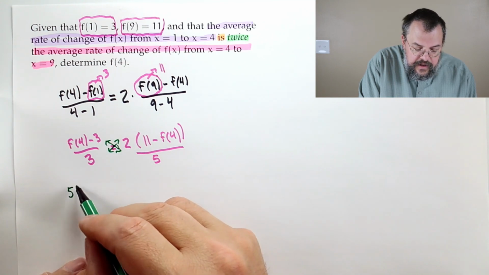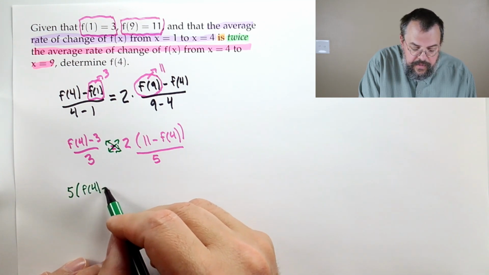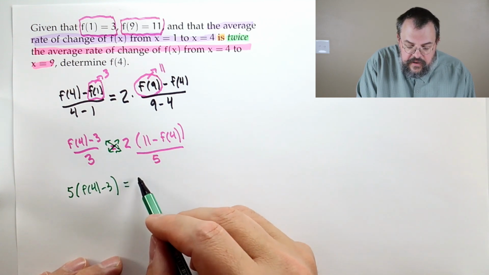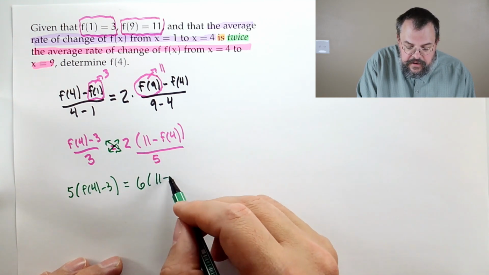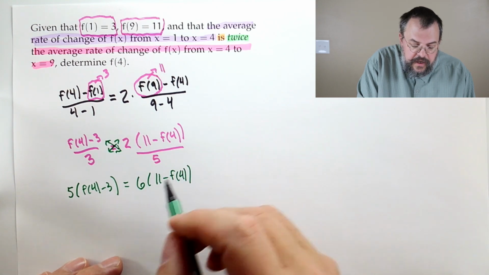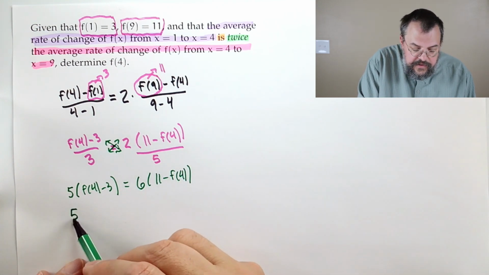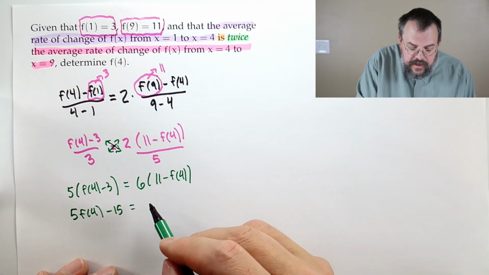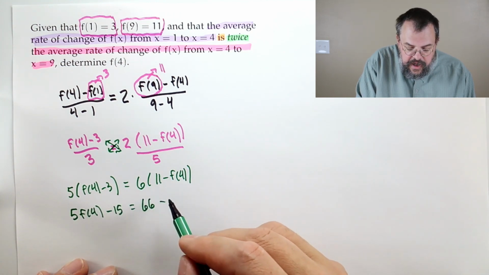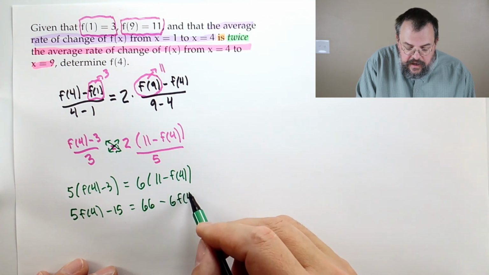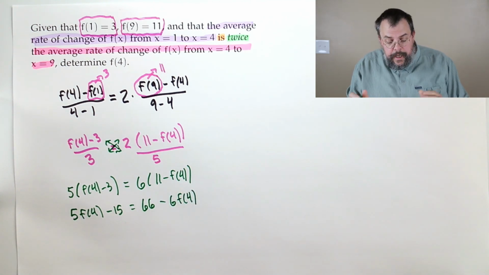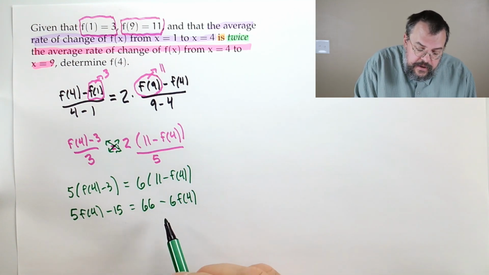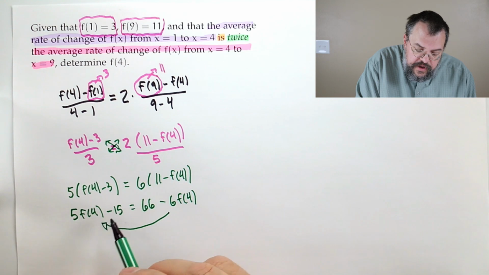So 5 times f of 4 minus 3, and multiply both sides by 3 is 6 times 11 minus f of 4. Distribute through. 5 times f of 4 minus 15 is equal to 66 minus 6 times f of 4. Okay, and we're almost there. We're going to move things around.